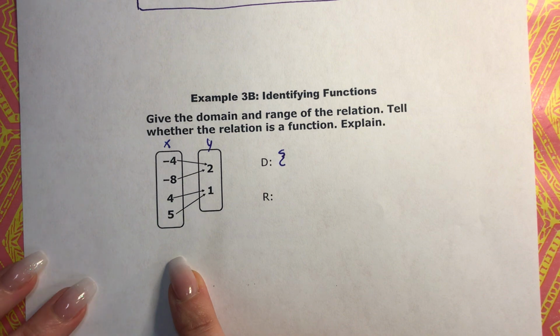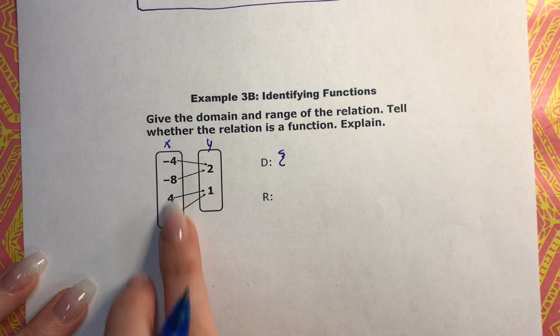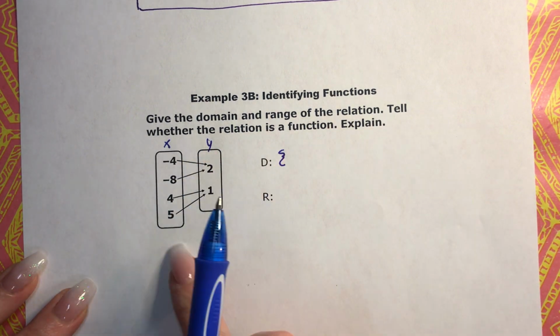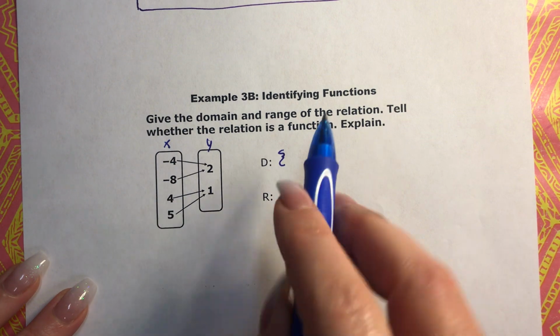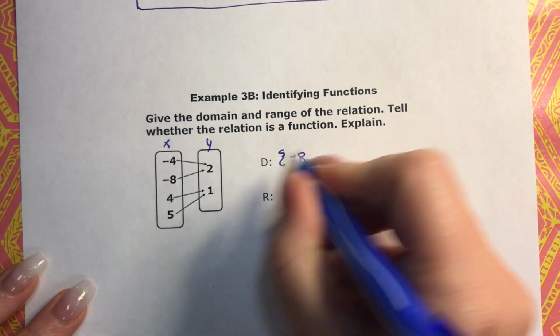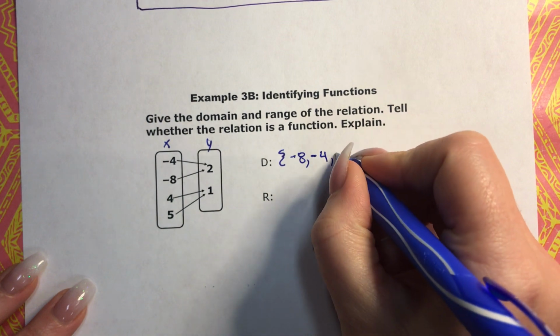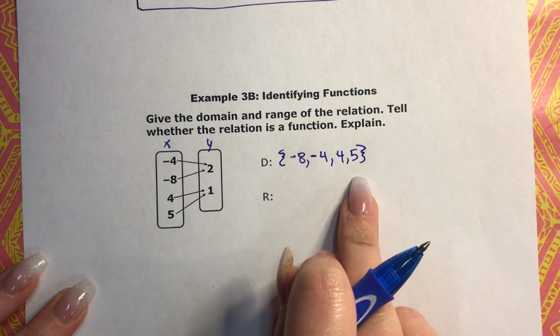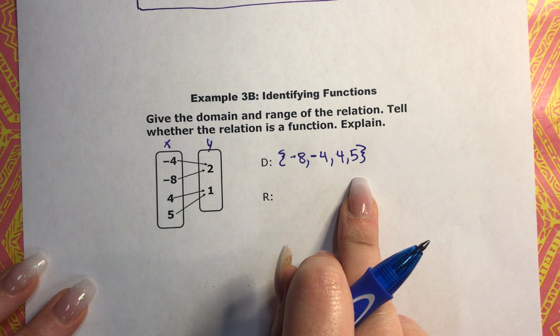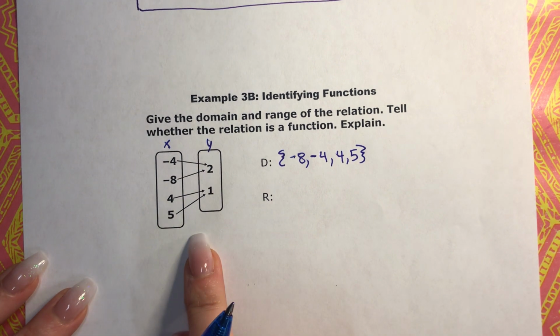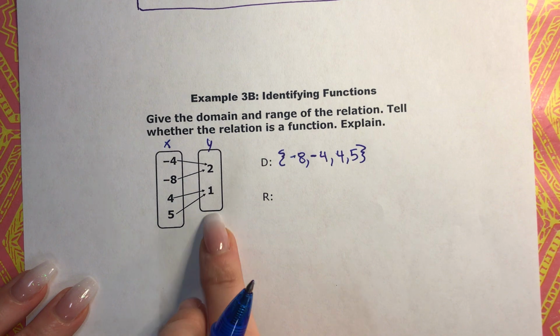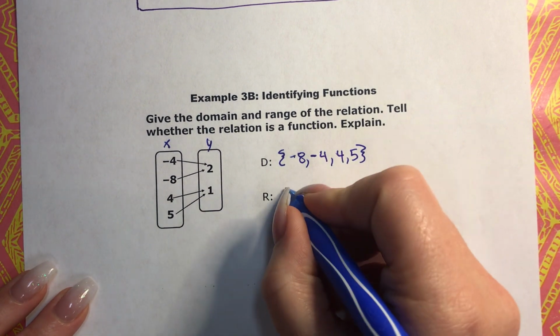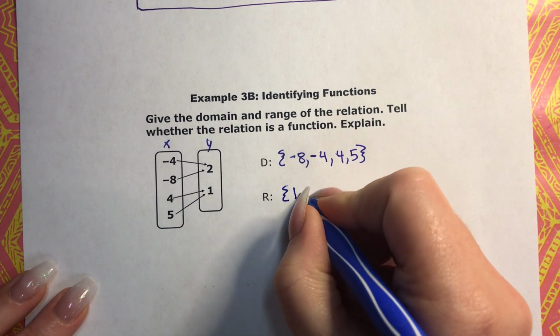And so we need to just write all of the x values, starting from the smallest to the largest. So the smallest would be -8, and then -4, and 4, and 5. So there's our domain values, our x values. And then we have our range values, which are just in order 1 and 2.